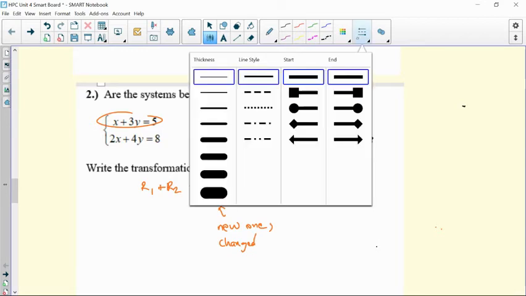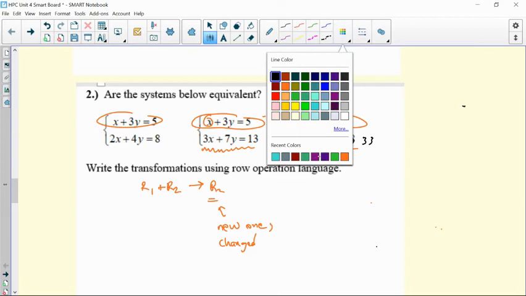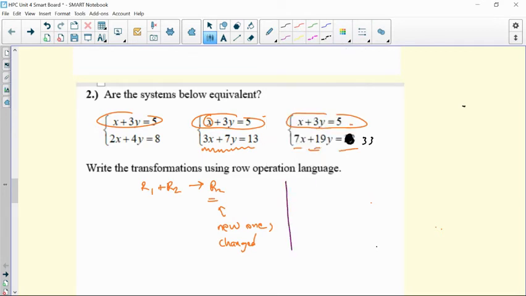So what would that row operation language look like? What I did is for row 1, I multiplied it by 4, added it to row 2, and put the result back into row 2.